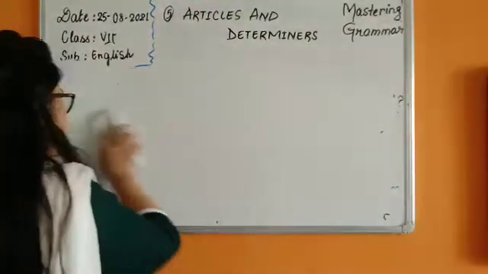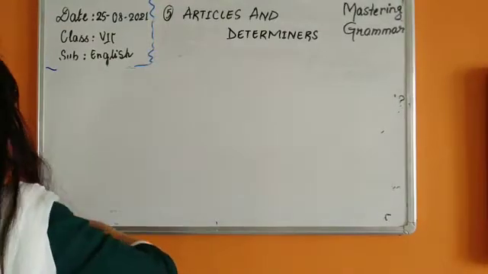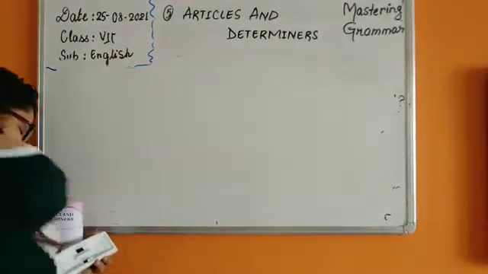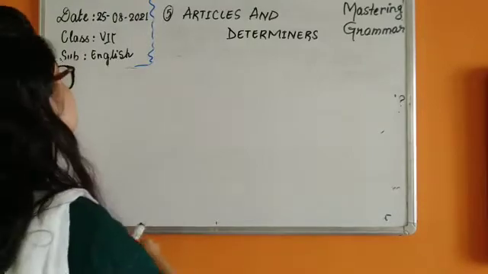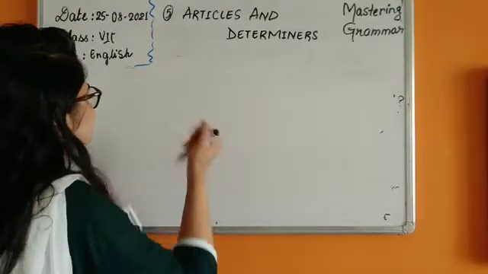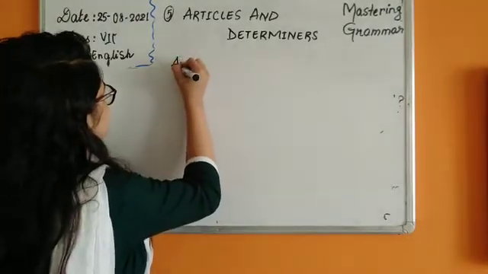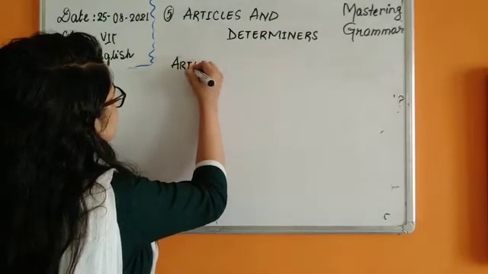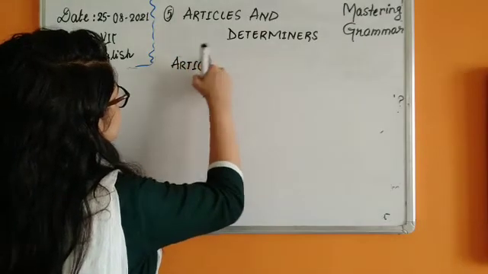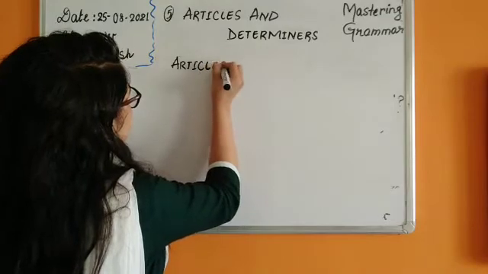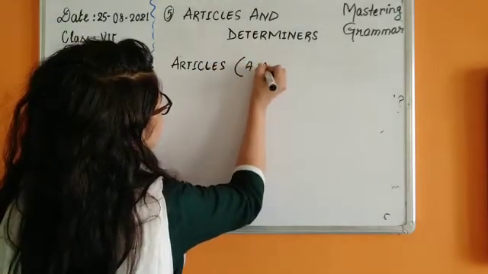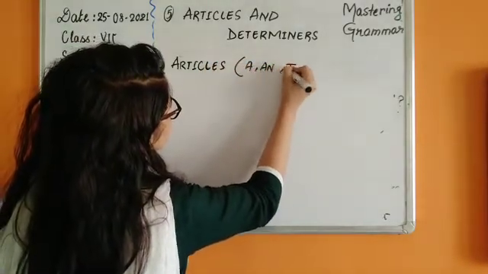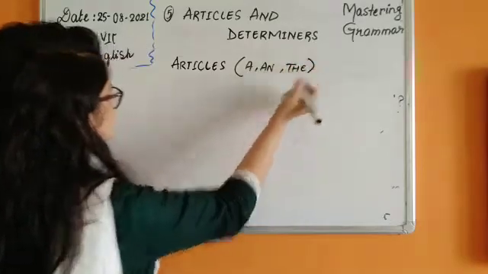So the first one is articles: a, an and the.